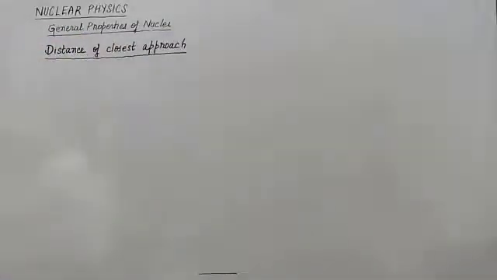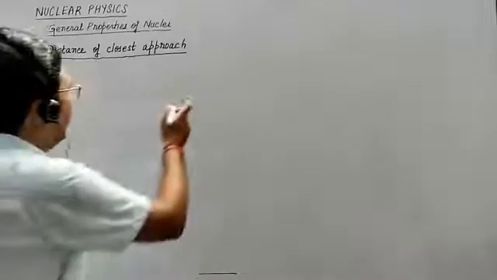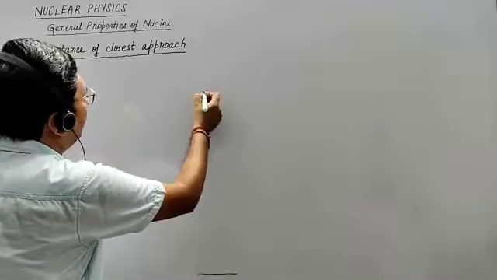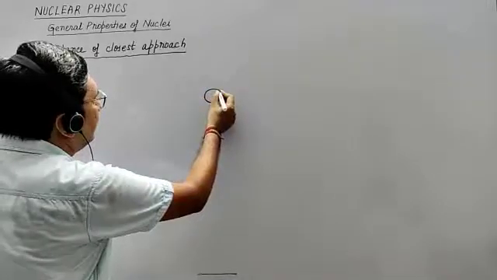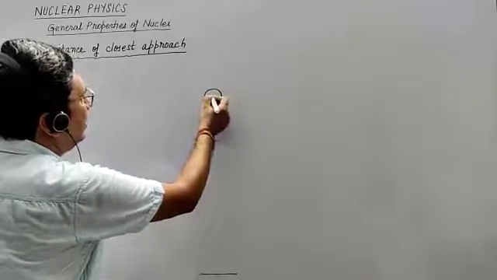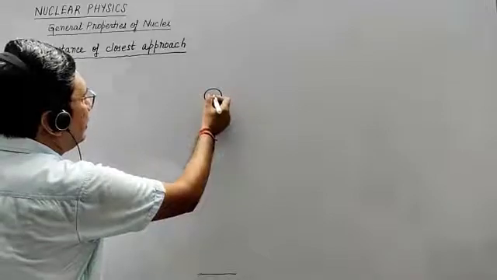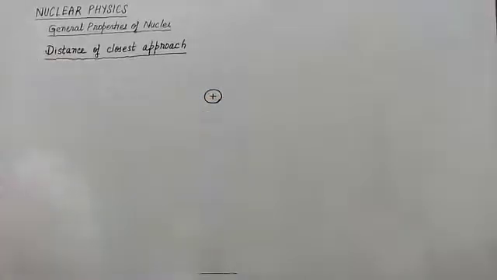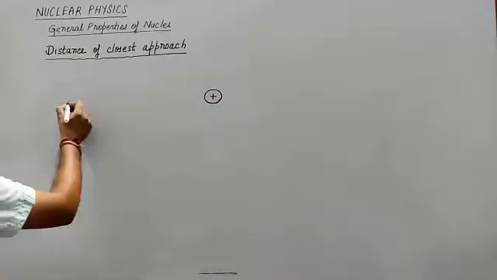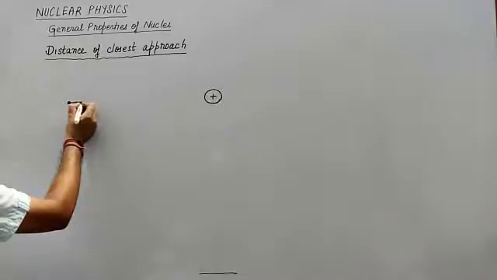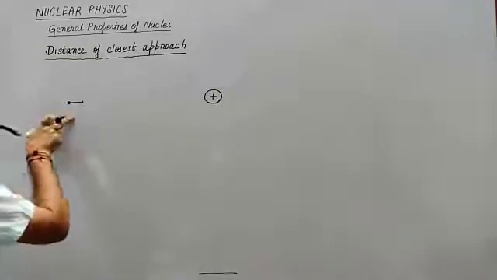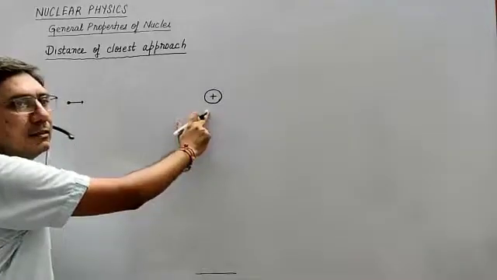Now the question arises, what is the meaning of distance of closest approach? Suppose we have a nuclei here. This is a positively charged nuclei. And suppose an alpha particle, here we have an alpha particle which is moving in the line of this nuclei.